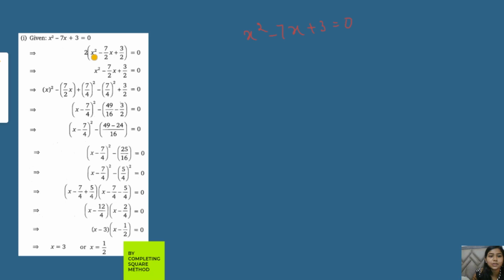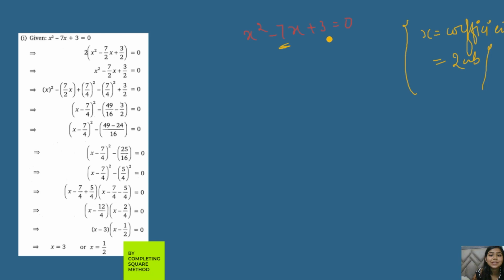The 7 is something which, as I told you, whatever the coefficient of x is, that should be made as 2ab. But 7 is not at all a multiple of 2ab.